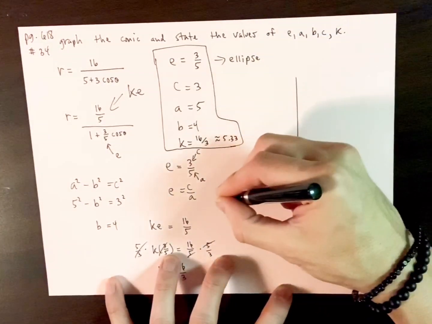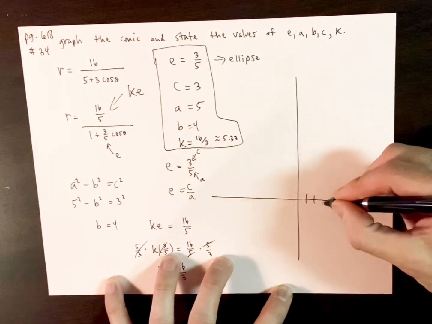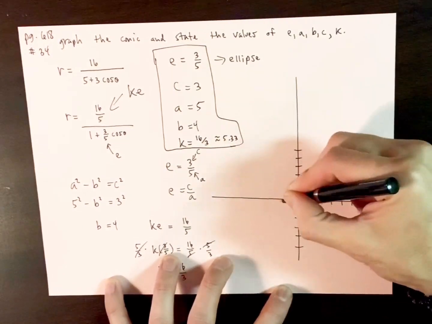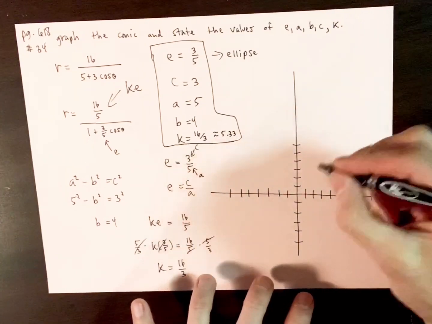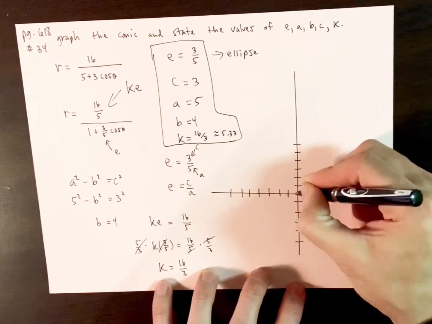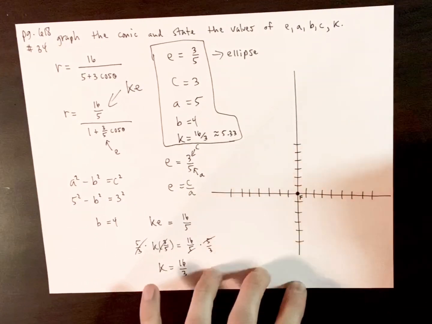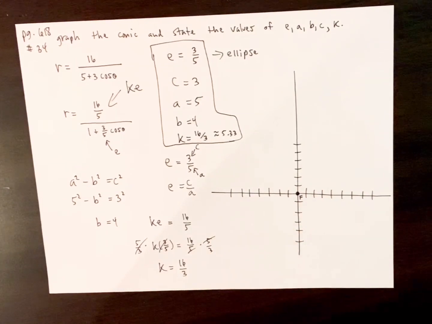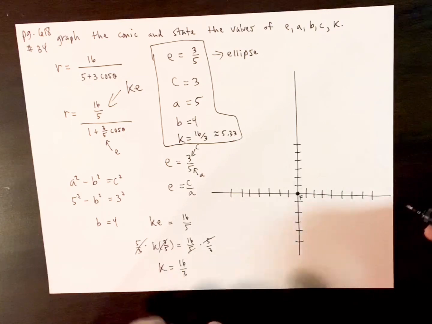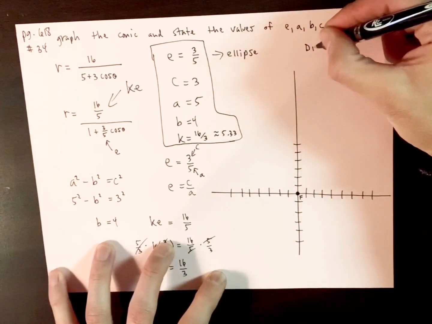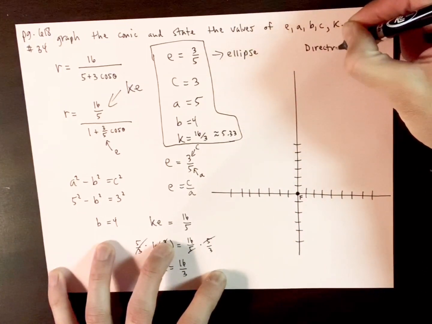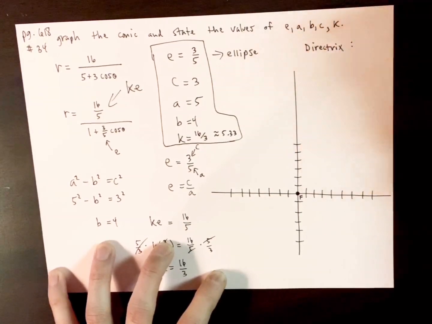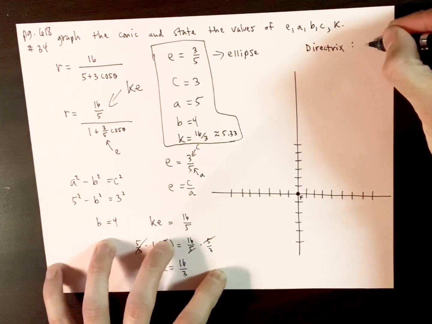So let me go something like this, okay? For this whole section, you know that at the origin, at the pole, you have a focus. That's a focus. So now, maybe what we can also do is graph the directrix. Let's start to graph everything. Now the directrix, is it X or is it Y?